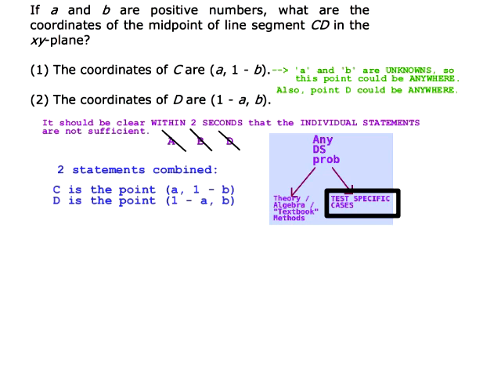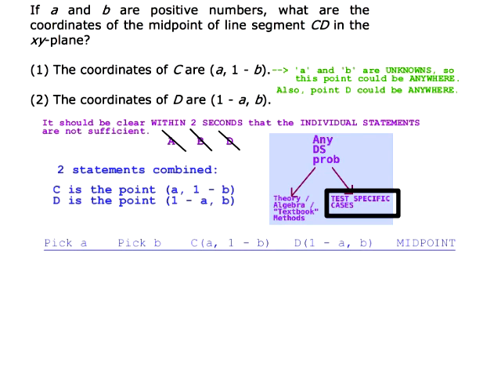So first you find A. C is A, 1 minus B. Then D is 1 minus A, B. And then what's the midpoint? Yeah, someone's saying smart numbers in the box.